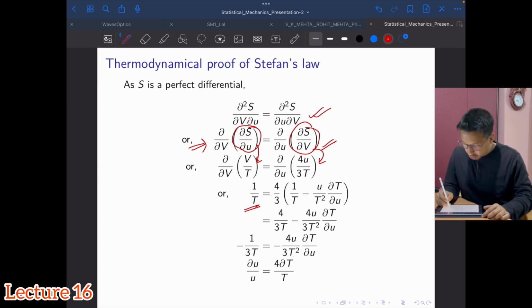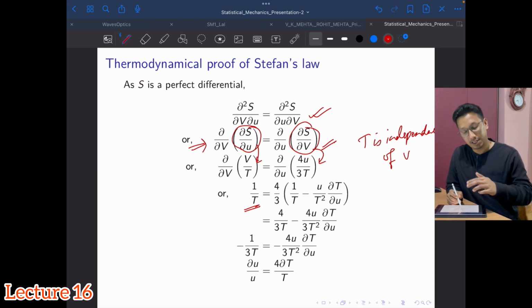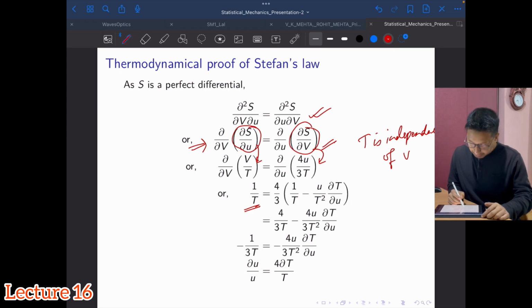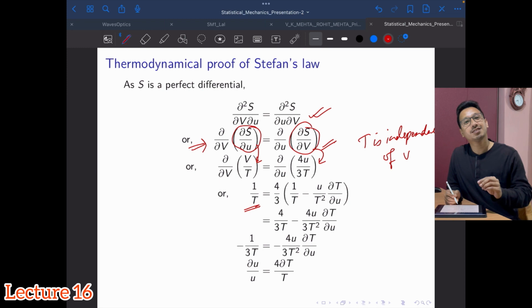Since the temperature T is independent of v, the differentiation of v by T with respect to v will be simply 1 by T. However, T is not independent of u, because we know that if you increase the temperature, the energy density increases.